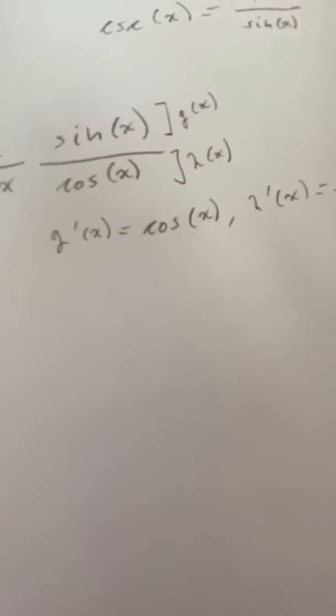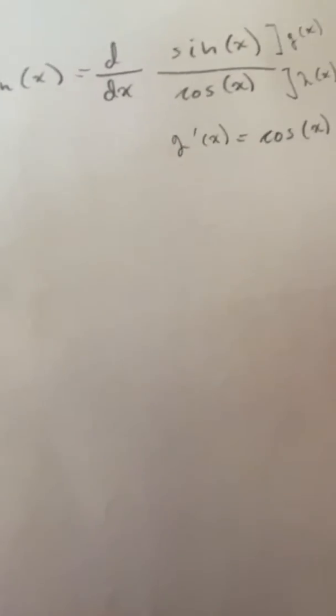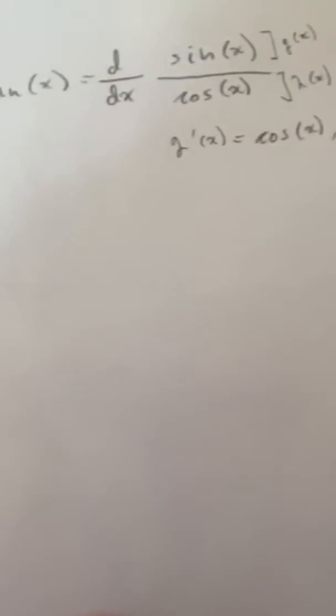Both of those derivatives just come from the stuff that we did before with finding the derivatives of sine and cosine. So from there, what we can do is plug these values into our formula for the quotient rule. So remember, the quotient rule in general is like this.